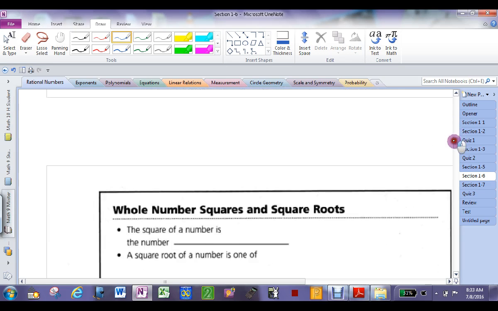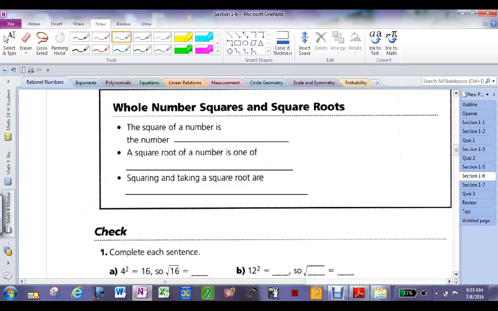Okay. Now this next box here is so important for your understanding of further math, because math teachers talk about squares and square roots interchangeably, okay? And it kind of confuses you guys, okay? The square of a number, okay?